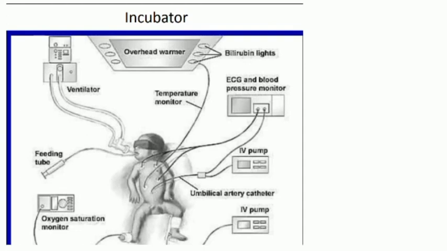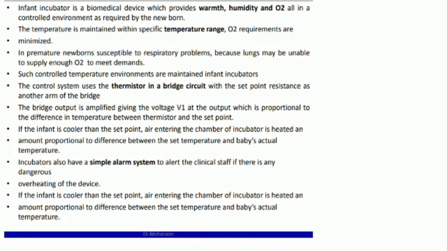So all the essential things that will ensure the proper functioning of the newborn baby will be provided. This biomedical device provides the needed warmth, maintains the humidity, and provides controlled air with the proper amount of oxygen inside the chamber.